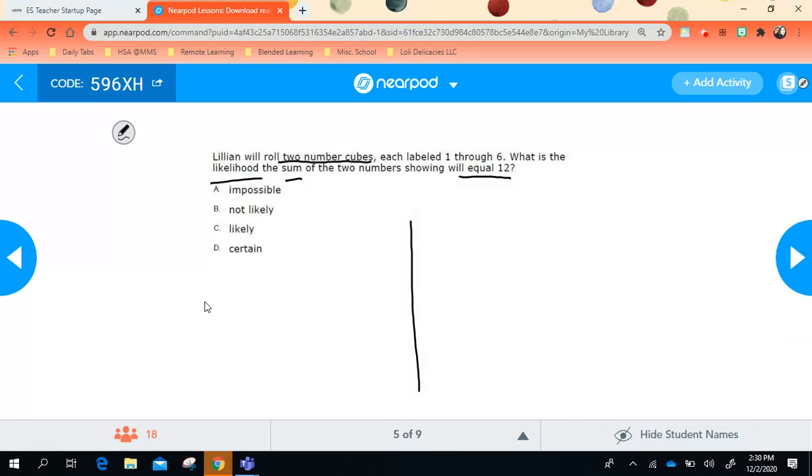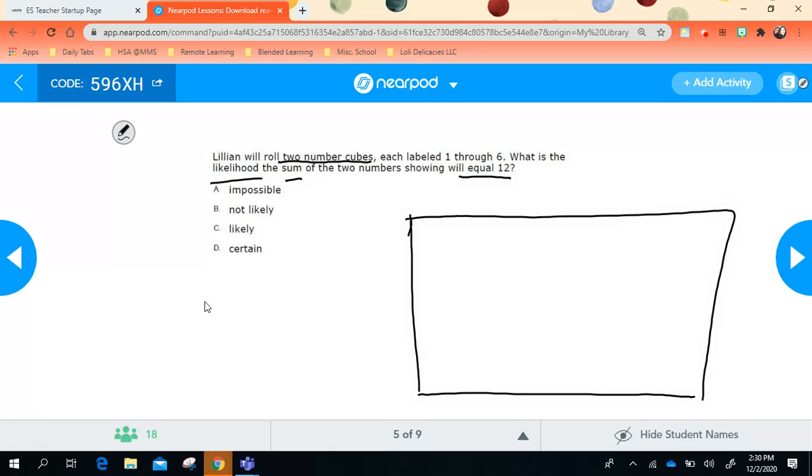So I'm going to go ahead and draw out a table. Because each number cube has how many numbers on it? 6. It has 6 numbers on it. I need to list all of those out. So the top is going to be one of my number cubes, and the side is going to be my second number cube. So what I would do, I need to skip a little space so that I remember to skip that little space.